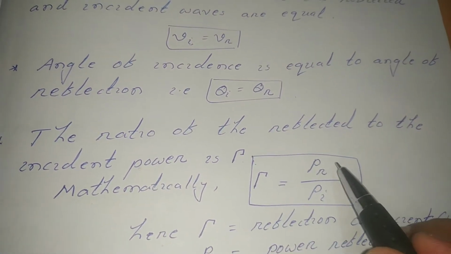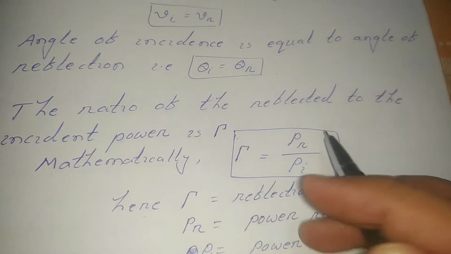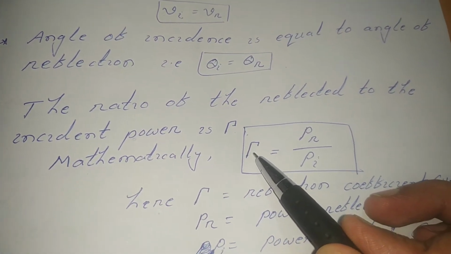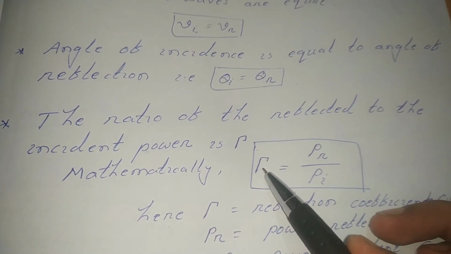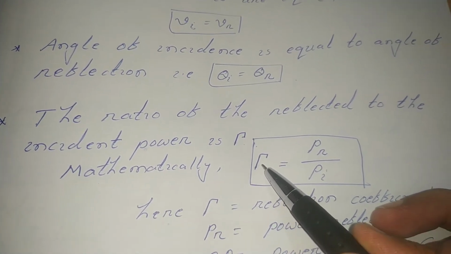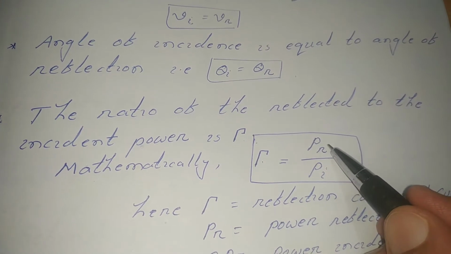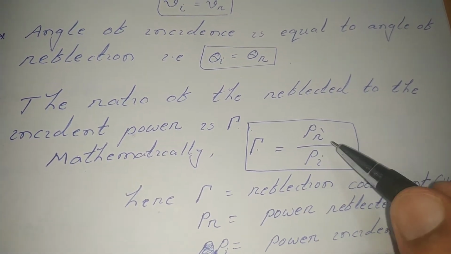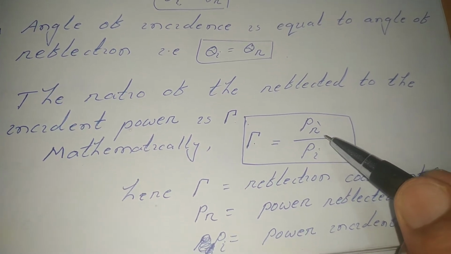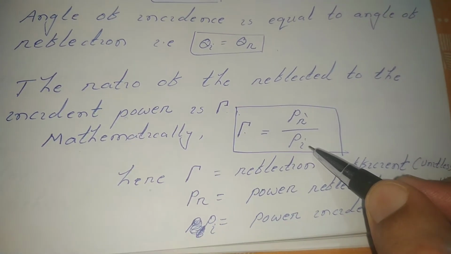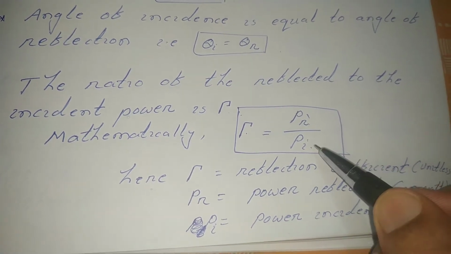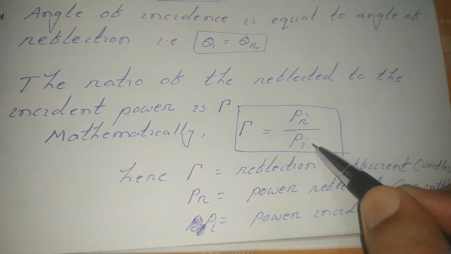Already you know that thing. Next we will see about the reflection coefficient. Reflection coefficient is generally denoted by the symbol gamma. That can be calculated by taking the ratio of the reflected power to the incident power, or you can say the ratio of the intensity of the reflected ray to the intensity of the incident ray.